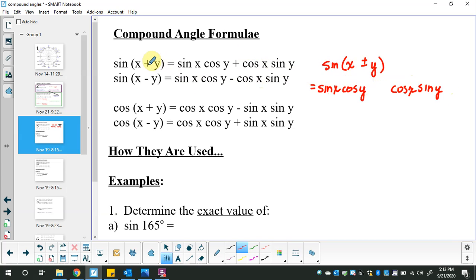But if you notice, the plus stays with the plus and the minus stays with the minus, so the plus minus stays plus minus, and they bulk them together.